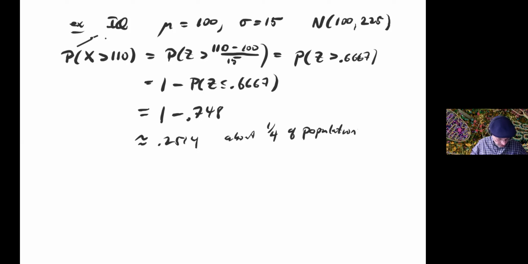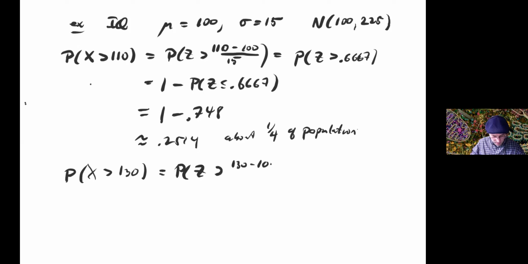Okay, what about an IQ that's bigger than, say, 130? So that gets more interesting. That's the same thing as the probability that Z is bigger than (130 minus 100) over 15, which is the same as the probability that Z is bigger than 2, which is the same as 1 minus the probability that Z is less than or equal to 2.